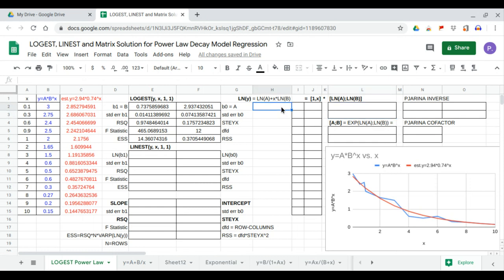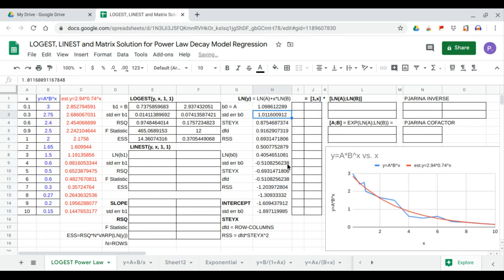Let's start with transforming the y values, which is our formula, ln of the y values. Then complete the 1 comma x matrix. We start with the 1 column and the x column, which is our formula of the x values.